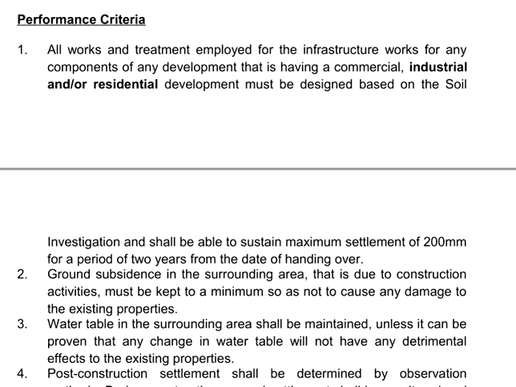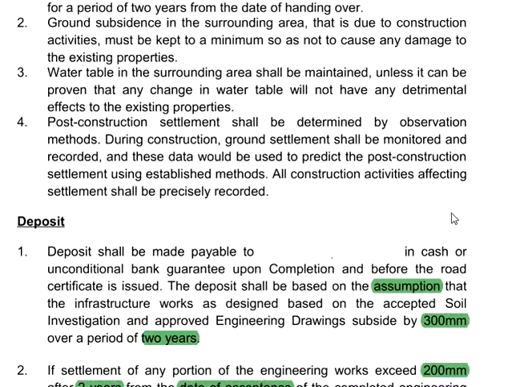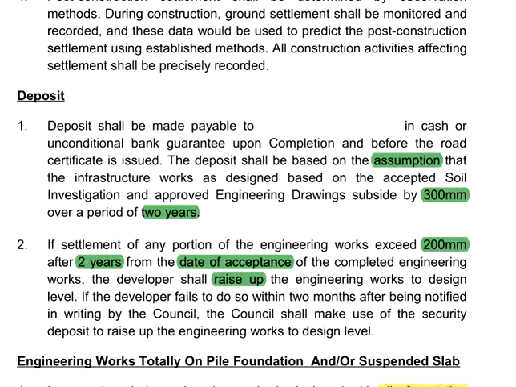Now, if the developer wishes to have cheaper buildings, they can opt for not having the suspended slab system. This will require proper ground treatments and soil stabilization, and most likely this will involve a deposit to be given to the local authorities upon completion or before the road certificate is issued.